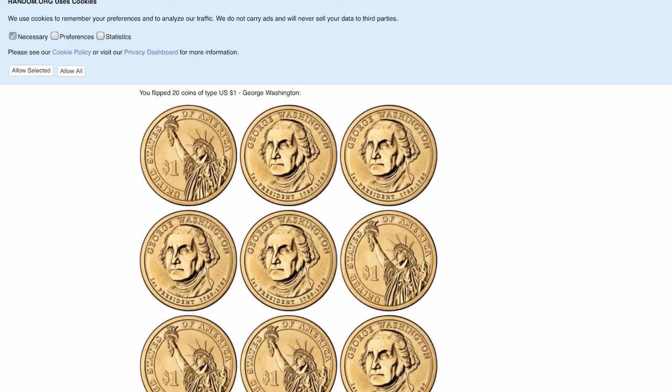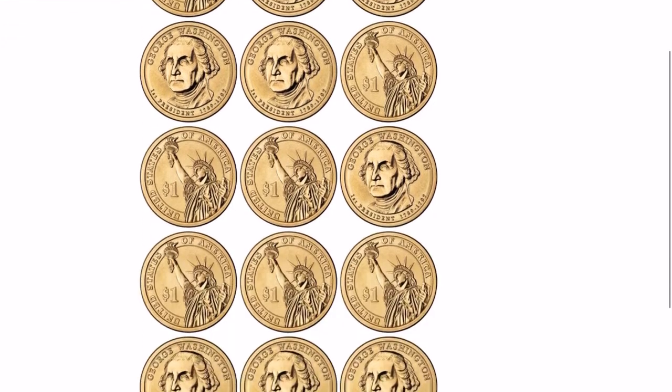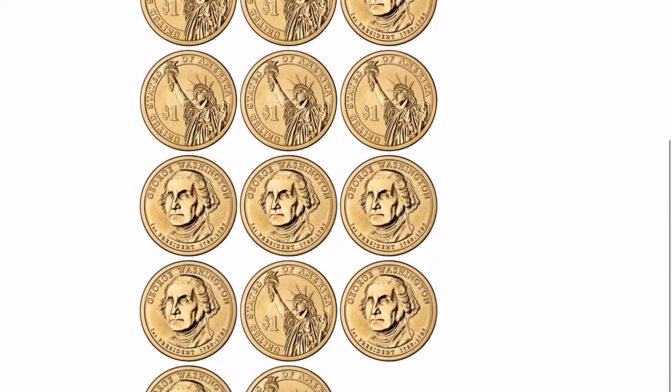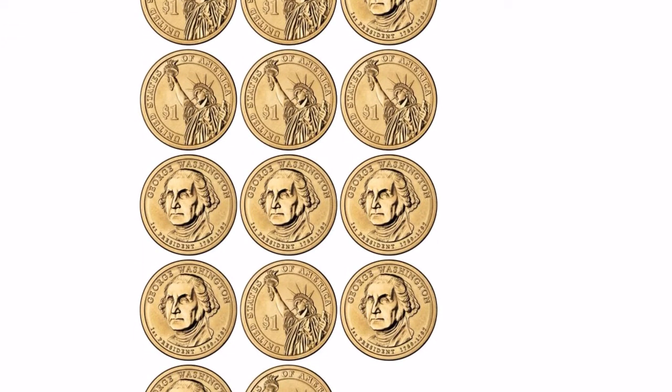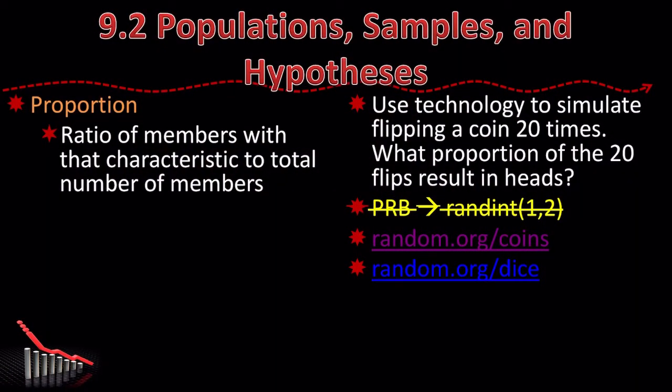And there we go. And we wanted to know how many heads. So I see 1, 2, 3, 4, 5, 6, 7, 8, 9, 10, 11 heads. All right, so we had 11 heads out of the 20. So our proportion was 11 out of 20, which is about 55%.